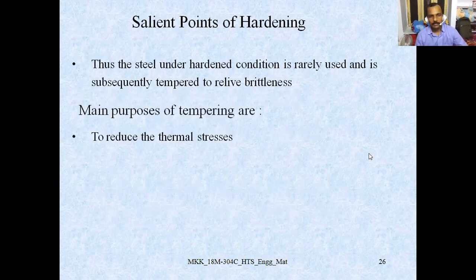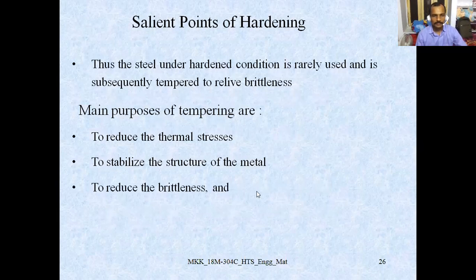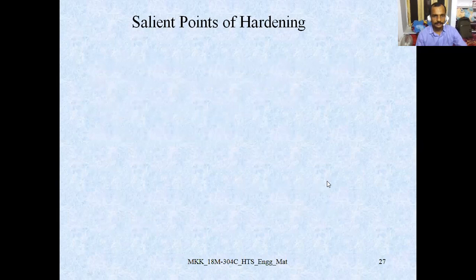So the main purposes of tempering are to reduce the thermal stresses caused by temperature effects, to stabilize the structure of the metal, to reduce the brittleness, and to increase the toughness and ductility.